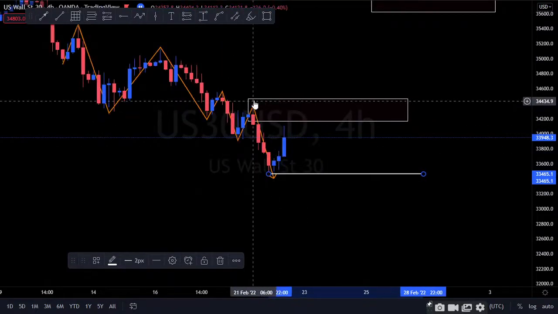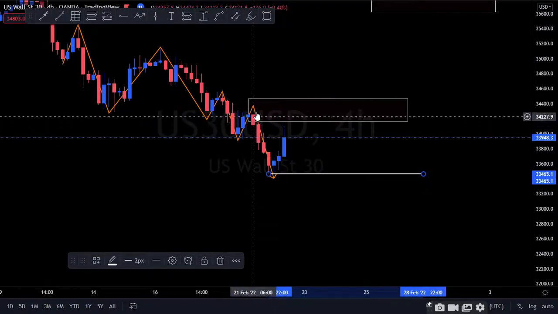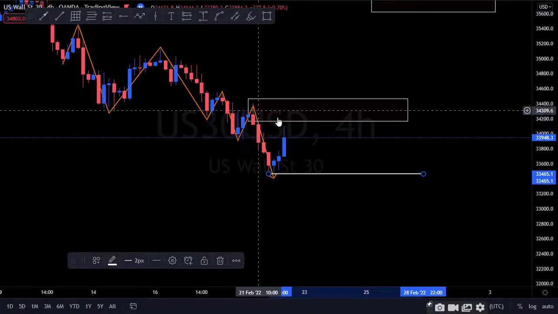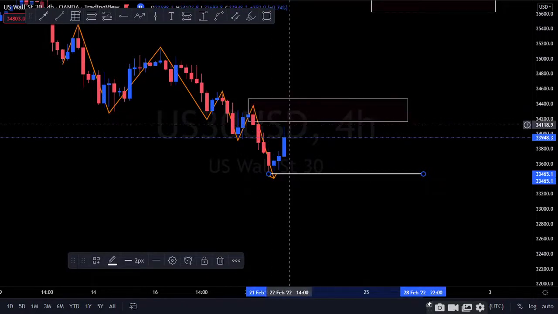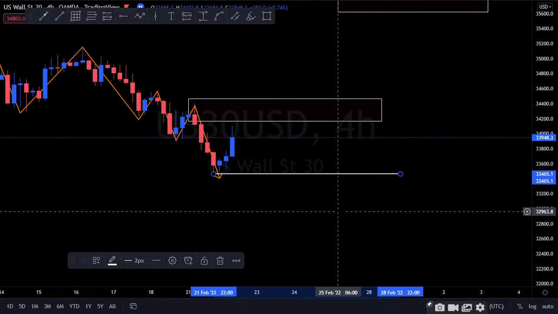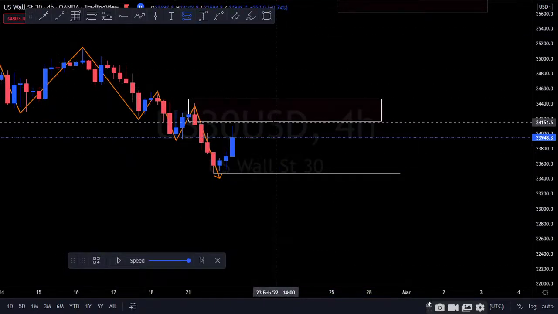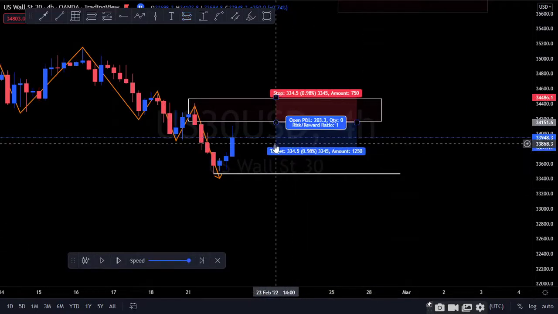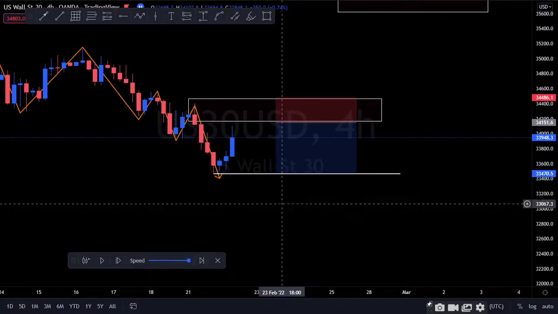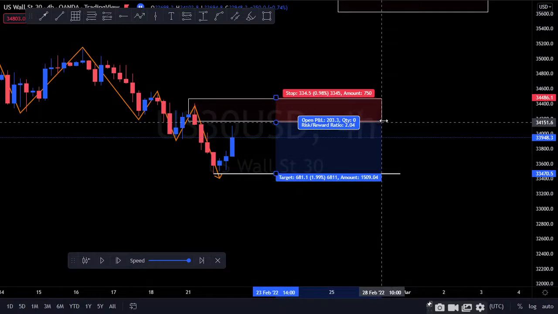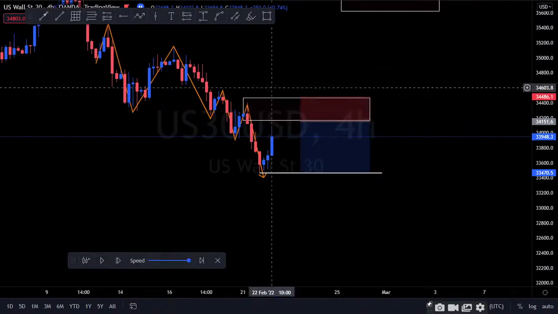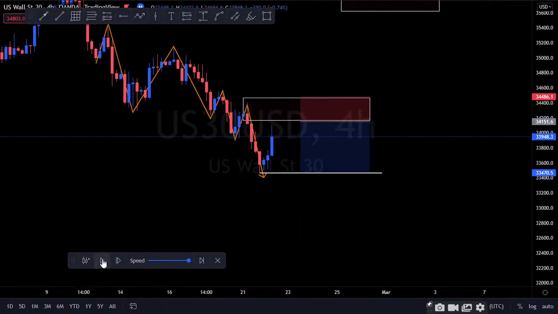Although this whole area is a point of interest, within that point of interest we have a certain zone, what we call the order block, and then we sell from there. So your take profit can target the previous lower low, and your stop loss will be a buy here. Okay, so let's play the market and see something.